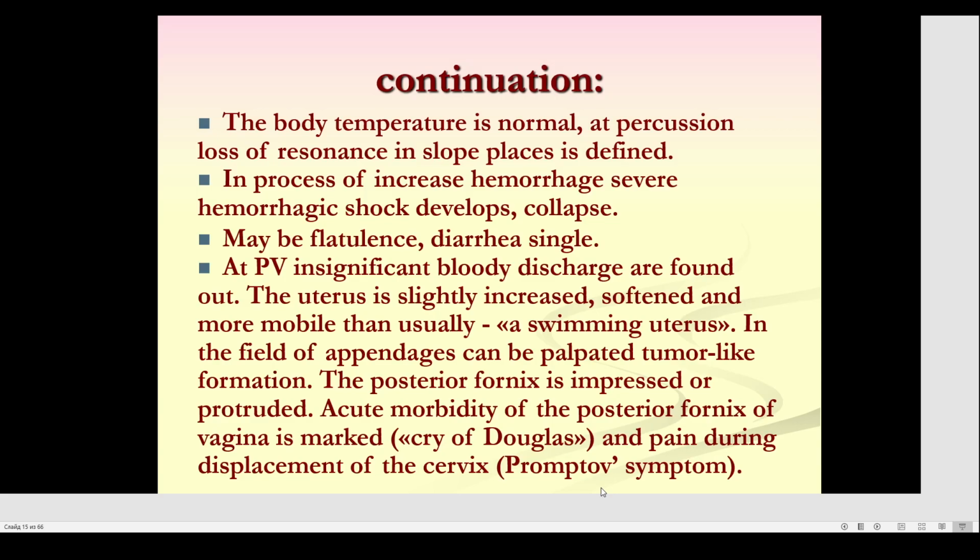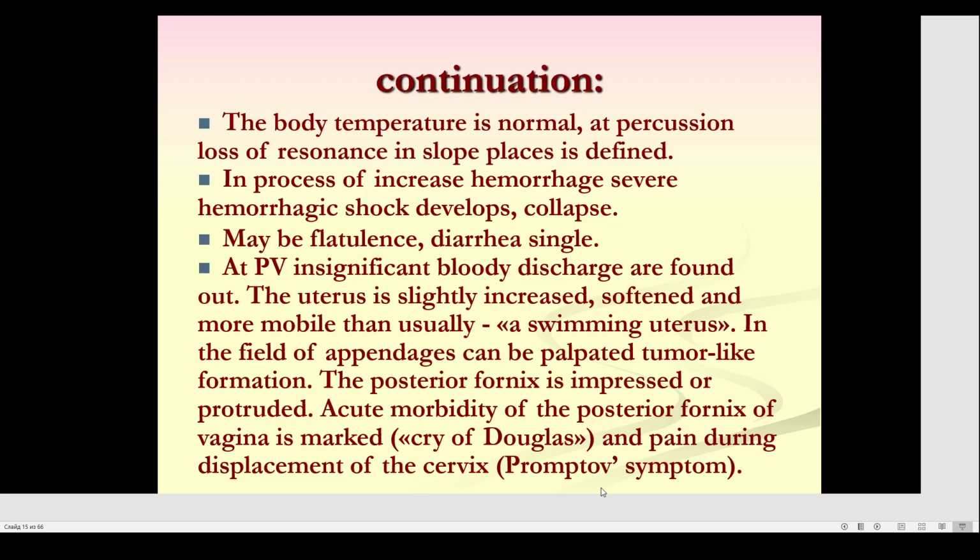The posterior fornix is flattened or protruded. Acute tenderness of the posterior fornix of the vagina is marked, the Douglas cry, and pain during displacement of the cervix, the Promptov symptom.